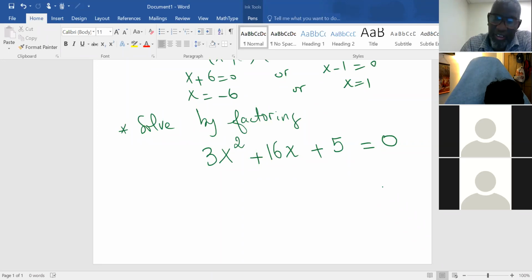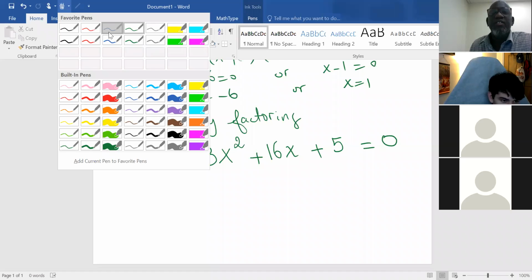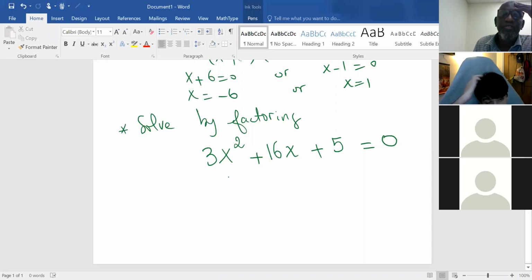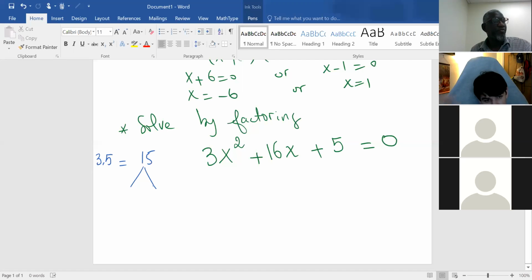Now, if you remember how the AC method used to go, what to do first? Well, you take A and multiply it by C. Exactly. Then you do the same thing with the middle number, B. We're going to look for two numbers that add up to 16 and multiply to 15.